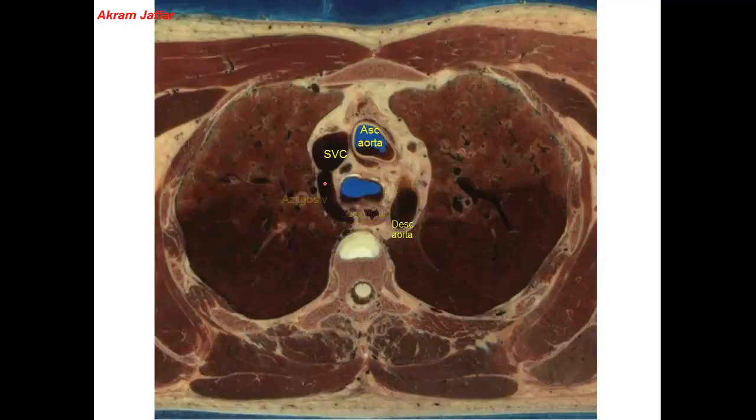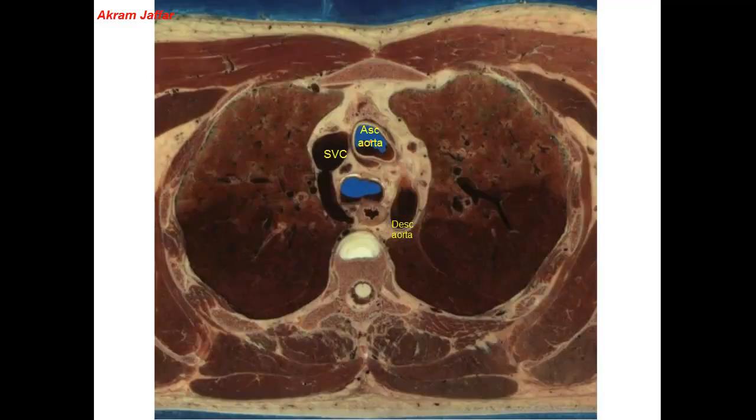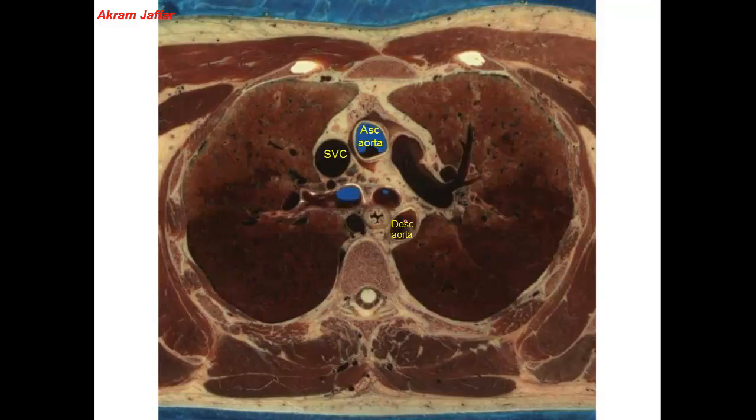This is the azygous vein draining into the superior vena cava. Look at the superior vena cava, and I will show it to you in a lower section. So this is the superior vena cava. This is the ascending aorta, and in a higher section again, this is the ascending aorta. Here is the descending aorta, and again this is the descending aorta in a lower section.